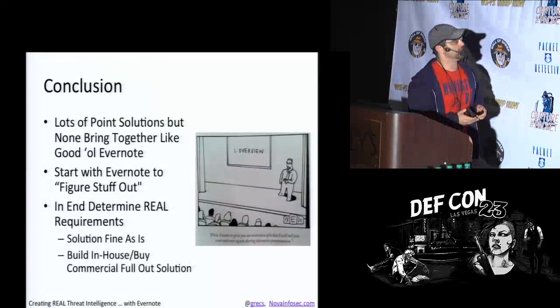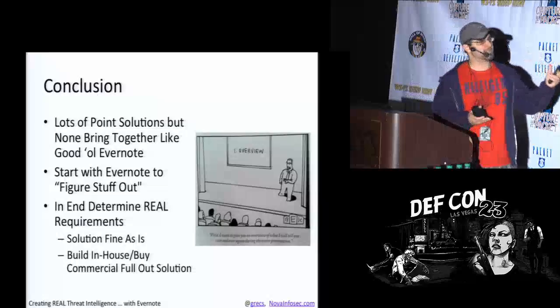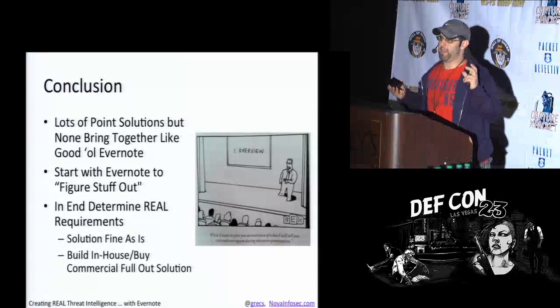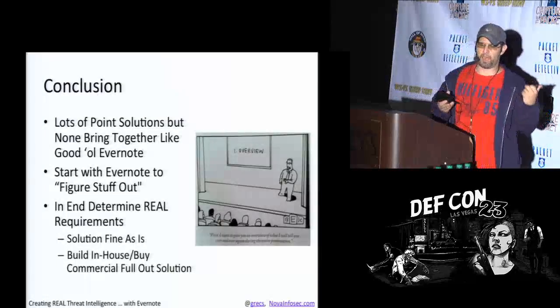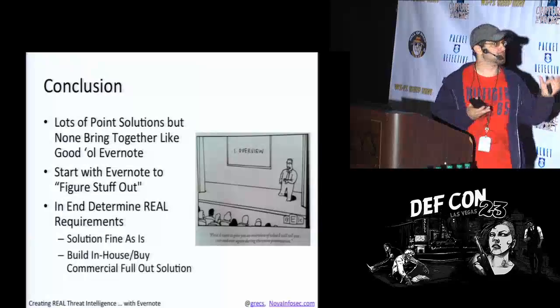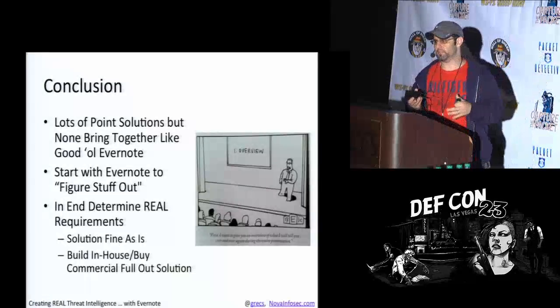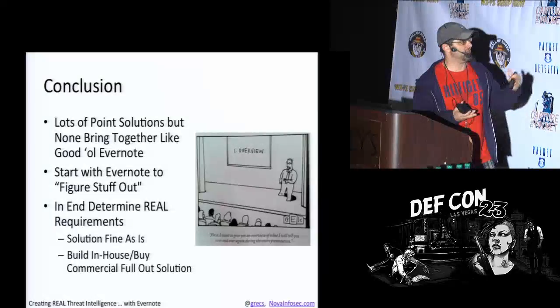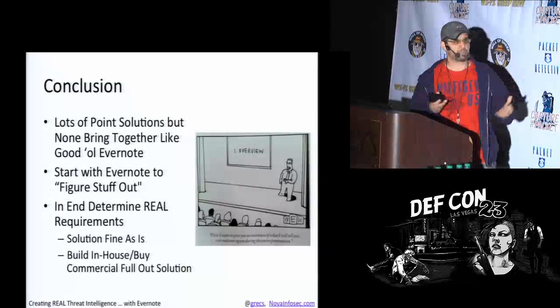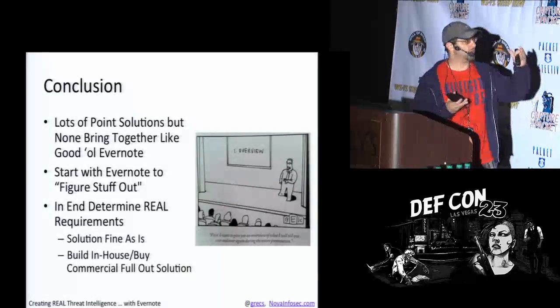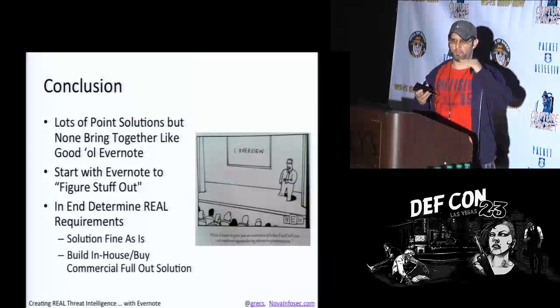So the one thing that I'd like to emphasize here is, don't just go out and buy the commercial product. Try to pilot stuff internally first. This Evernote example is something I did so that I could determine how I would do this and where the gaps are.